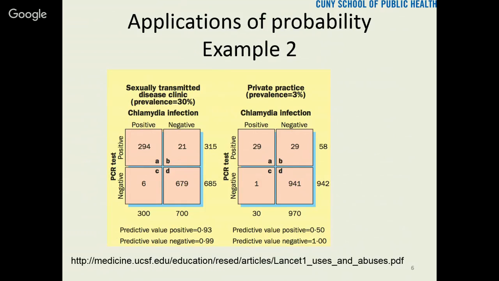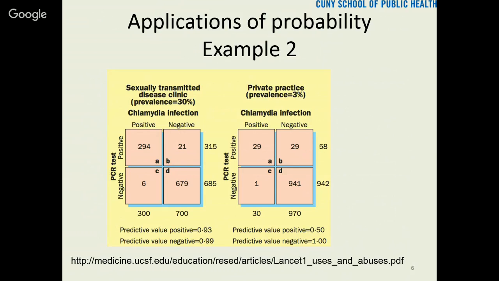Right. One more example. This one is a little bit more realistic, just to give you a better idea of what we're talking about. So we have a PCR test, polymerase chain reaction, to identify chlamydia. And it is being applied in two different clinics.